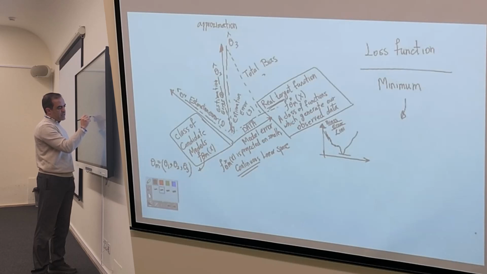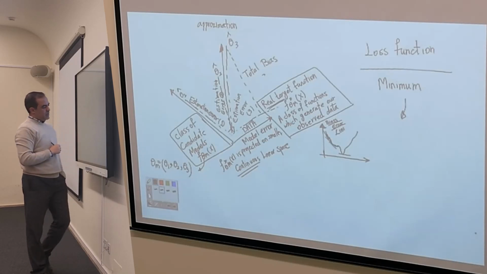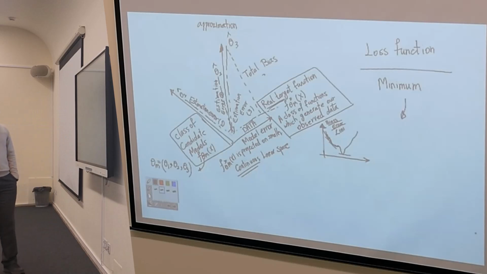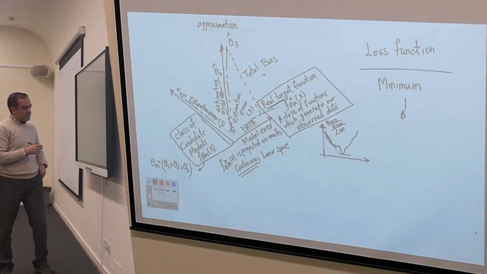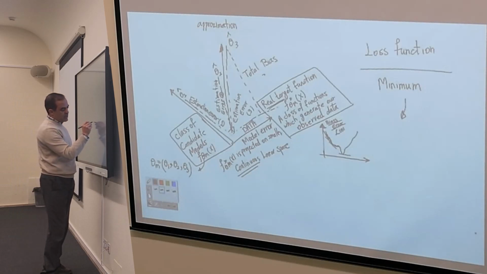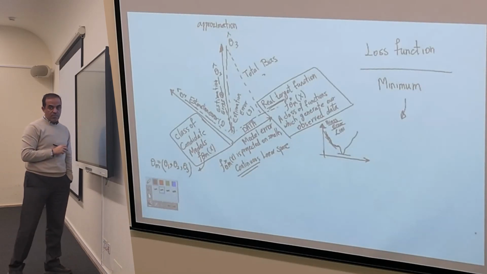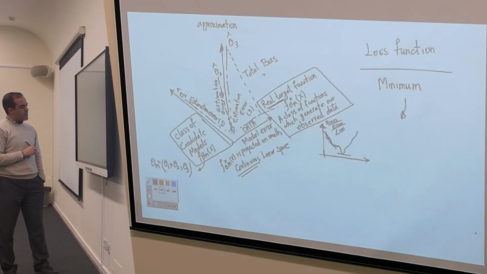For each of these, I can calculate the gradient and the slope of this line to see if it is 0, so I know whether I reached the minimum or not.